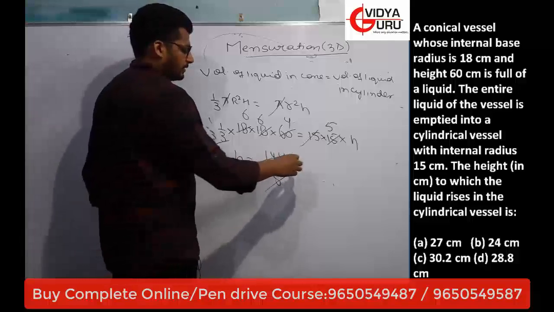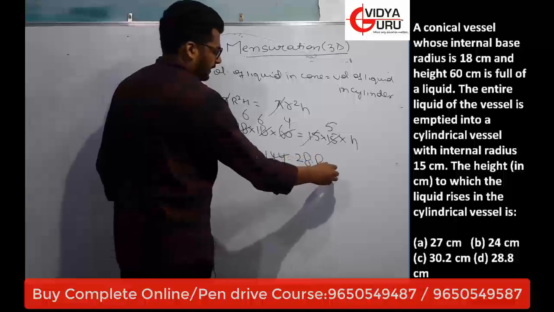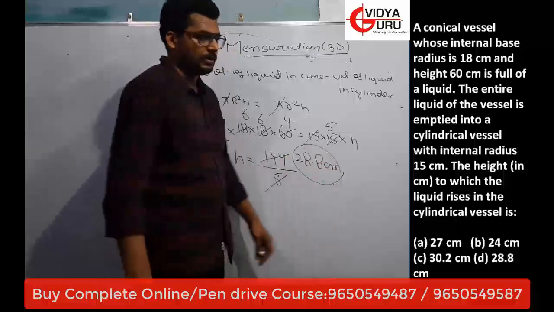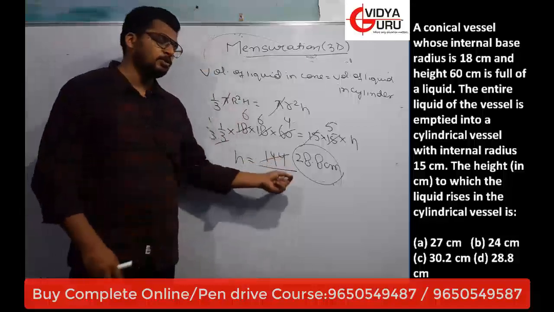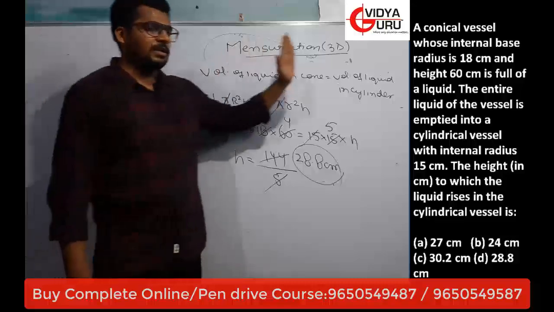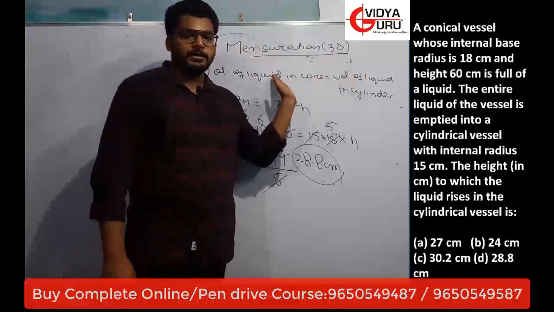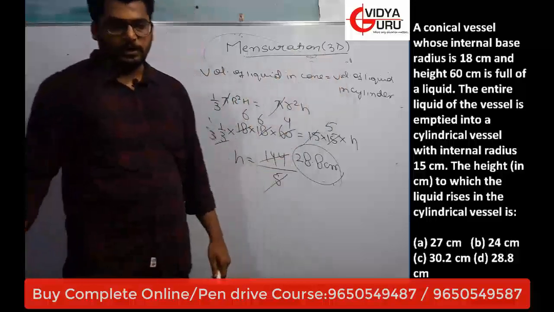If I cancel this out, this will be 5 2s are 10, 5 8s are 40, 28.8 centimeter. So height will be raised to 28.8 centimeter, which is option number D. The liquid of cone was poured in cylinder, so volume will remain same. So volume is same and height will come 28.8.